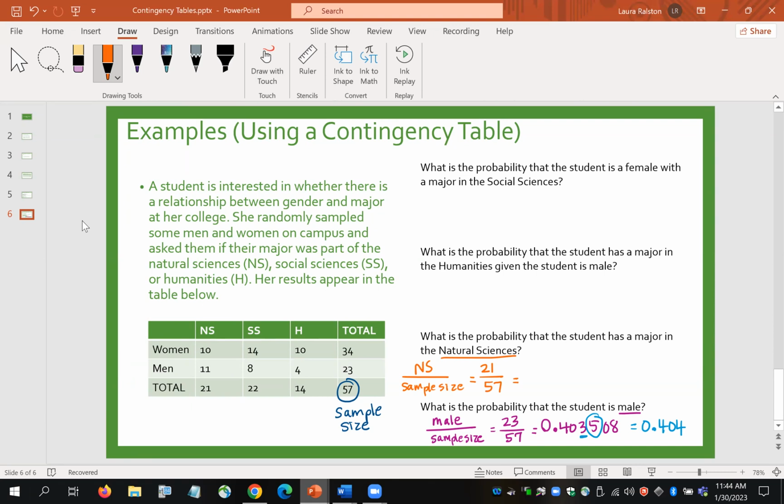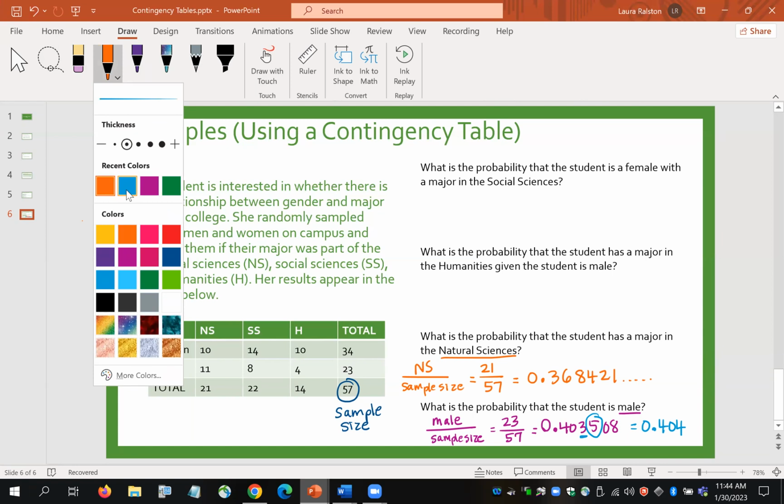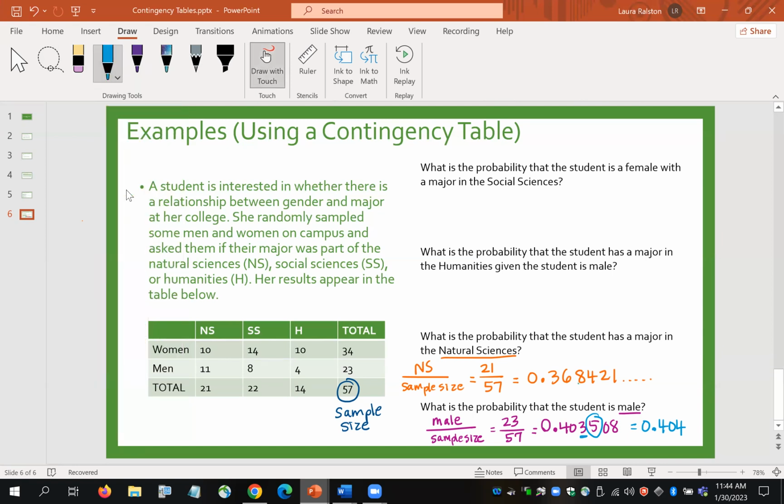So 21 divided by 57, 21 goes in the calculator first. 0.368421. Again, rounding to 3 places. The 8 is in the 3rd place. 4 is next door. It's 0.368.